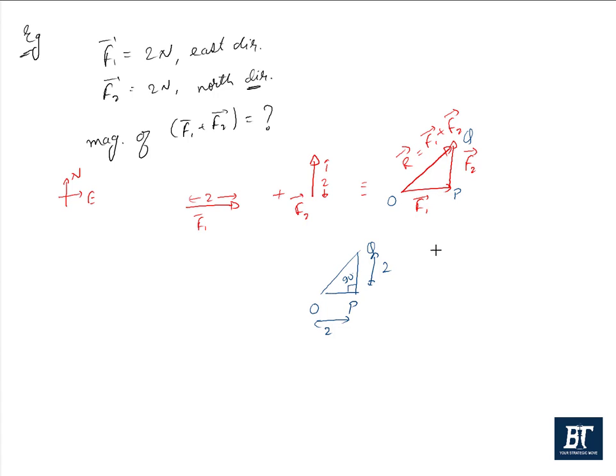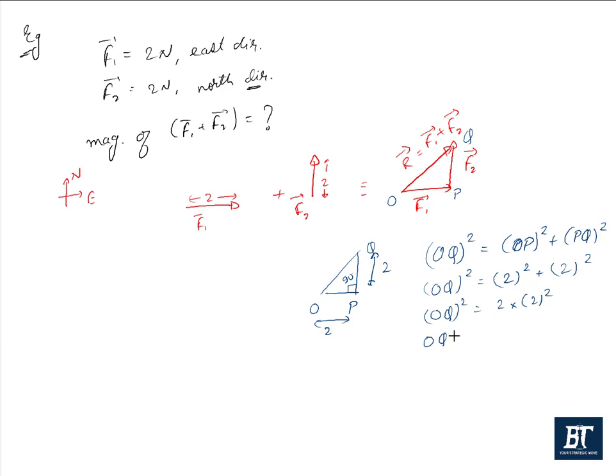So we can apply Pythagoras theorem here. So OQ square will be equal to length of OP is 2 and length of PQ is also equal to 2. So OQ square will be equal to 2 into 2 square. So OQ will be root 2 times 2.